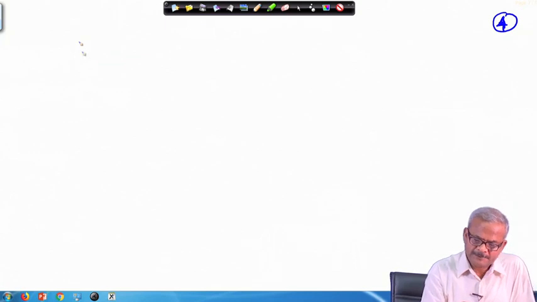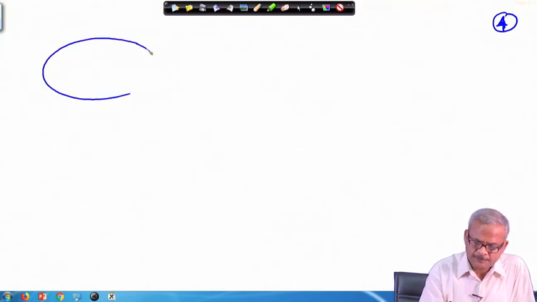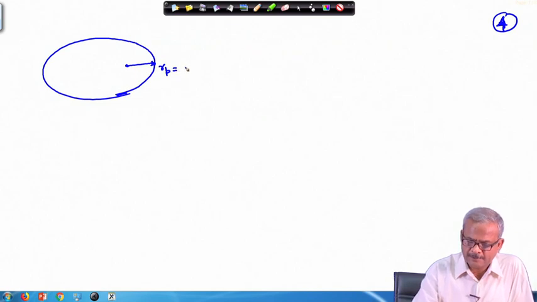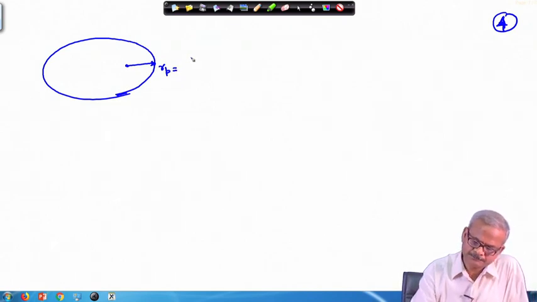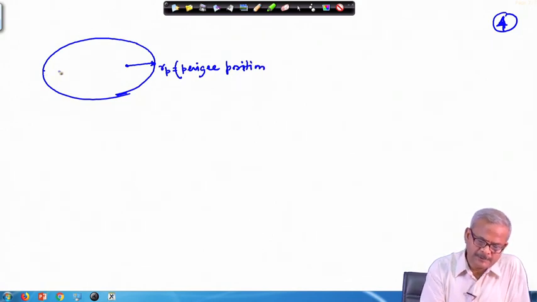Okay, so, what we have been discussing about the quantity r. This is the focus and this is the shortest distance which we write as r p, and it is related to the perigee position. The distance from this place to this place is your focus f.